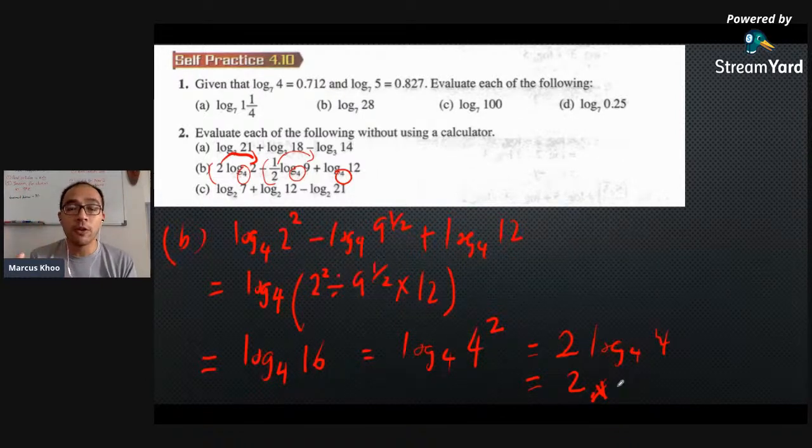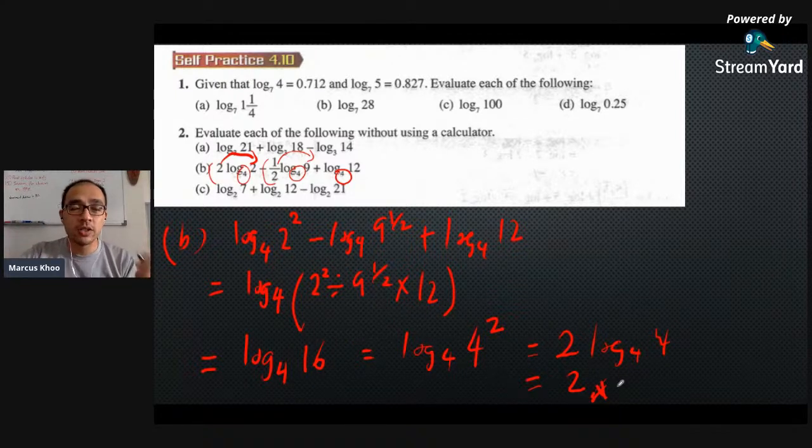Everything that you have learned before is all used in log. So if you can master the laws of logarithms, then you will not have much problem with admaths, seriously. But in order for you to master the laws of logarithms, you have to practice, you have to work. If you don't practice, if you don't work, then it won't work.